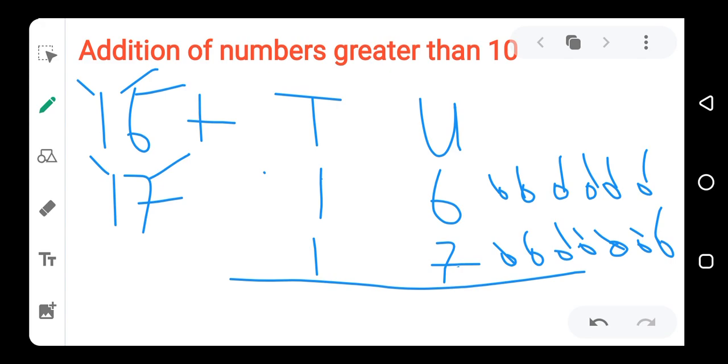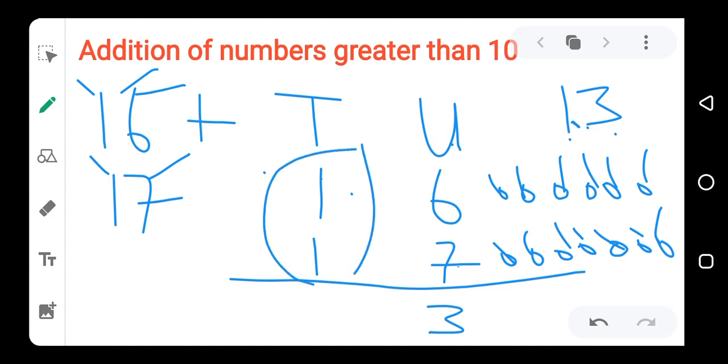13 has two digits. We put the first one under units and the second one under tens. So we have 3 here, and this is 1. We bring the 1, and when we add the ones under tens, we add the 1 here.